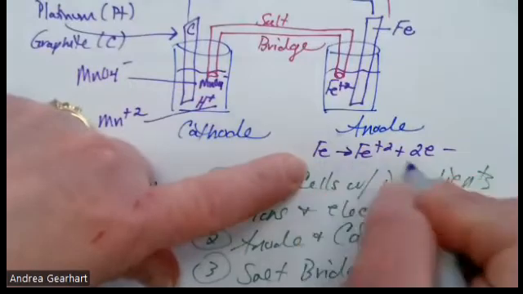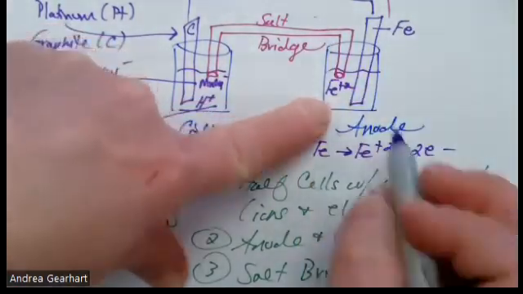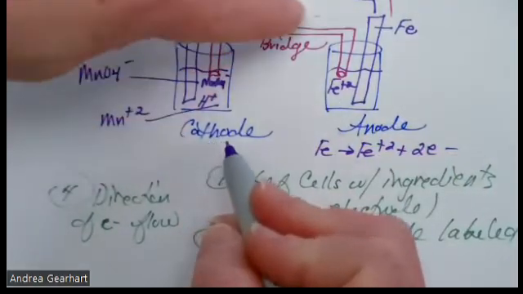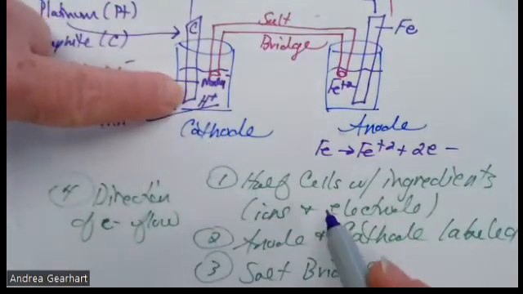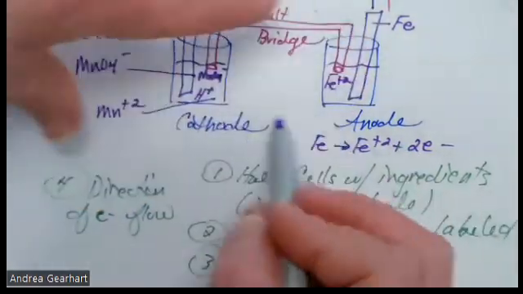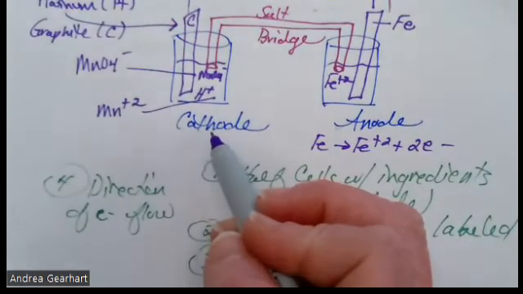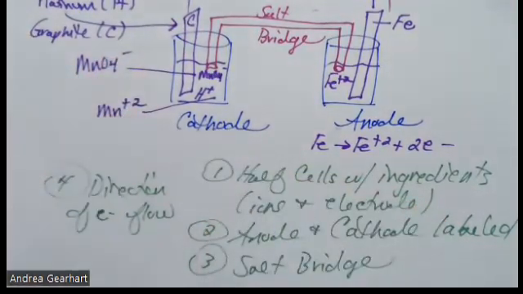As this is becoming more and more positive, anions will flow in, and as this is becoming more and more negative, cations will flow in.